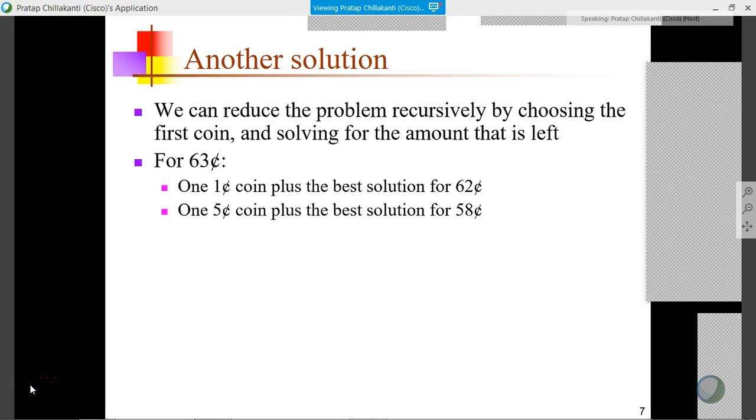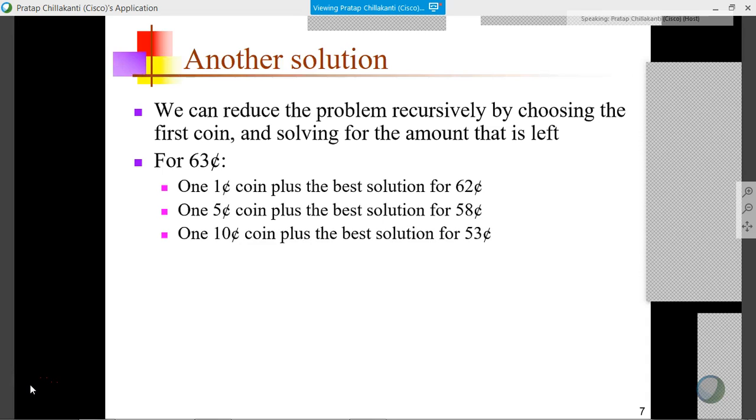Then we take the next denomination, because 1, 5, 10 like that we have, right? Then we take one 5-cent coin plus the best solution for 58, because 63 is the goal, right? And we're doing it for all the denominations.